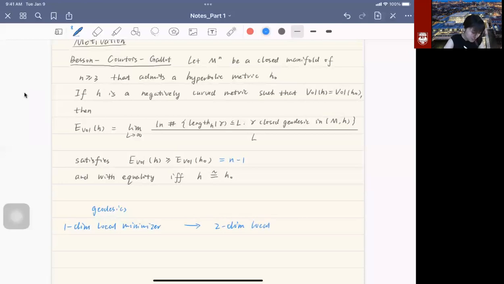In dimension 2, we're going to look at the area of the surface. And if you are familiar with these concepts, you should know that the two-dimensional local area minimizer is exactly the minimal surfaces.